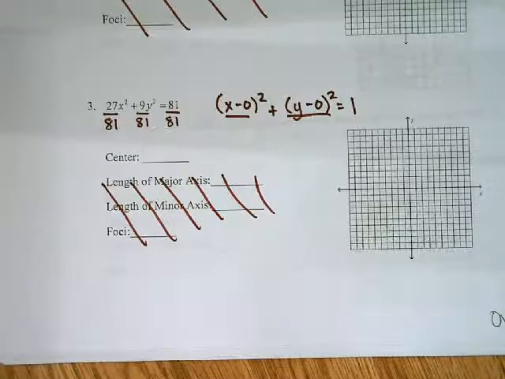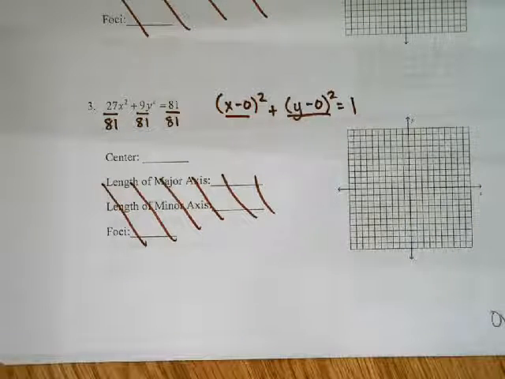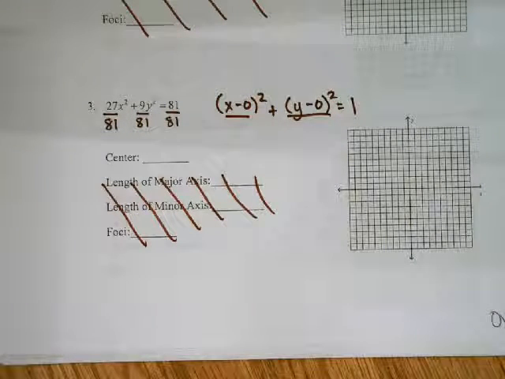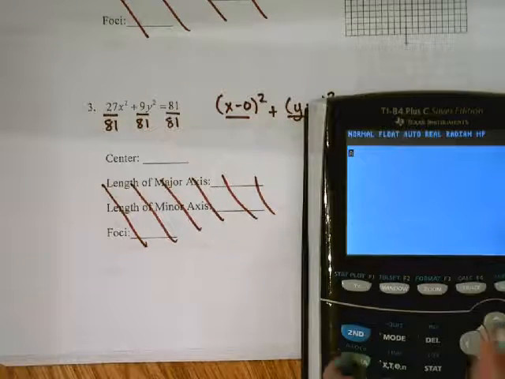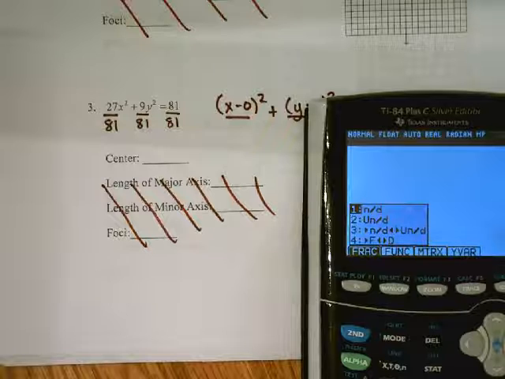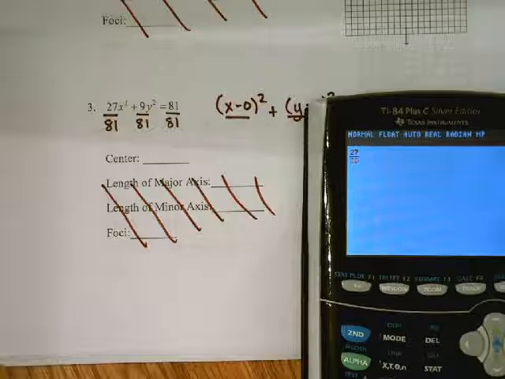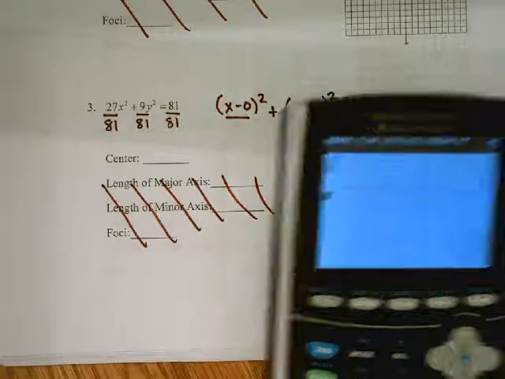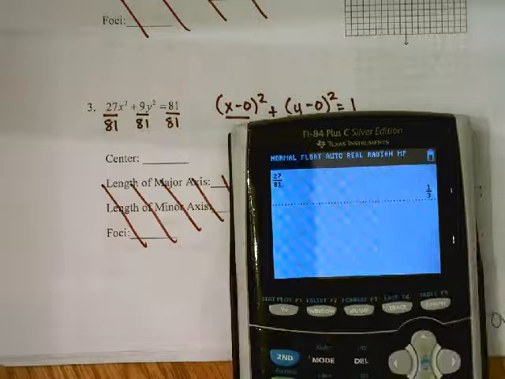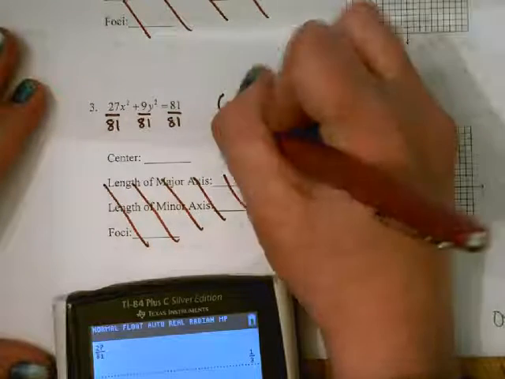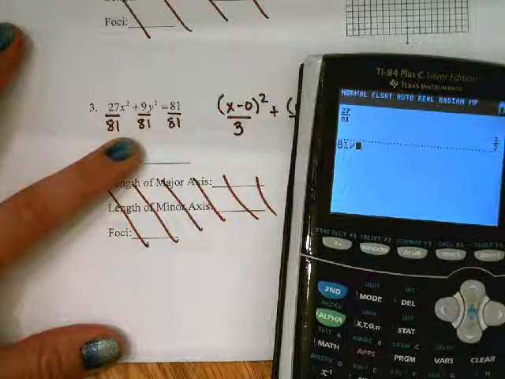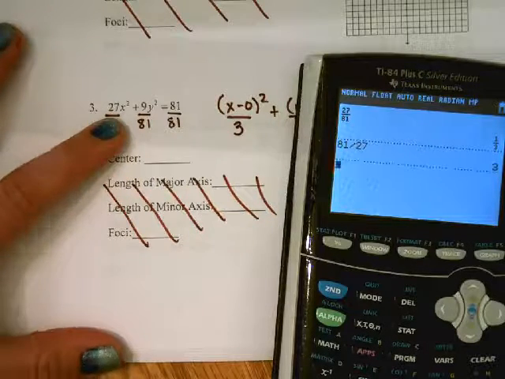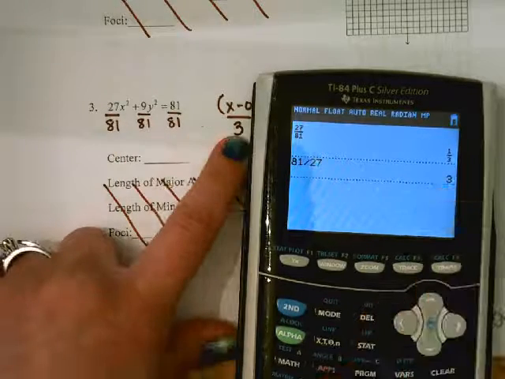I gotta grab my calculator. You have two options when you do this. You can reduce it as a fraction. Remember, we can use that fraction button in our calculator. So I can do green and then y equals. And I can do 27 over 81. Okay, that's one option. It's going to show up as a fraction, or 1/3. The other option is you just take your denominator and divide it by 27, and I get 3, and that would be my denominator.